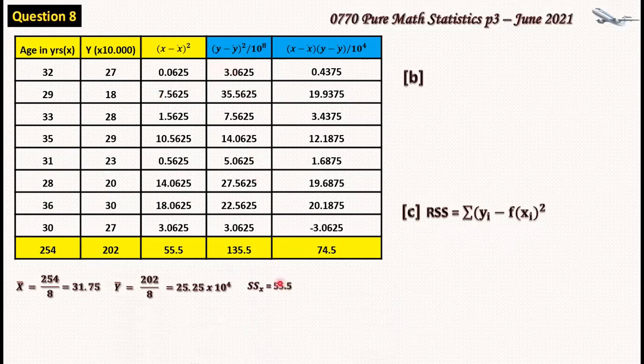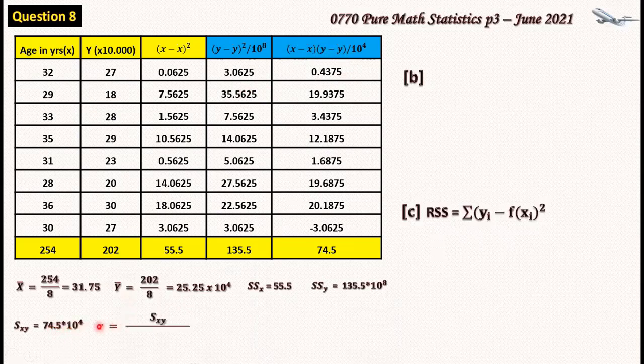The variance of y, SSY, is 135.5. Then the formula is given for SXY, the deviation of x times the deviation of y. The summation of all of that gives us 74.5 times 10 to the power 4.